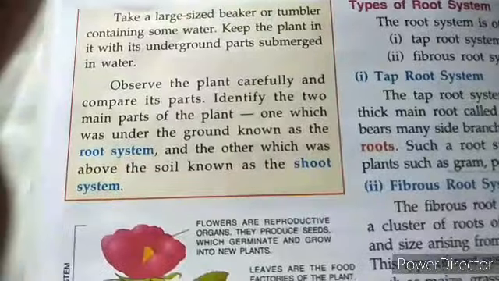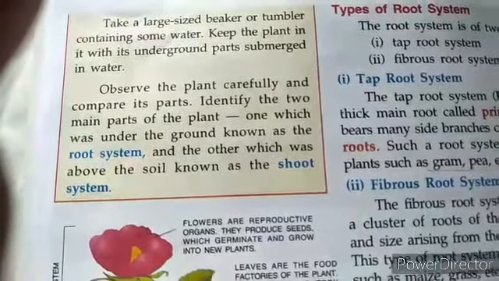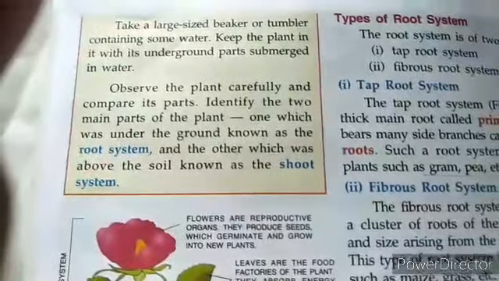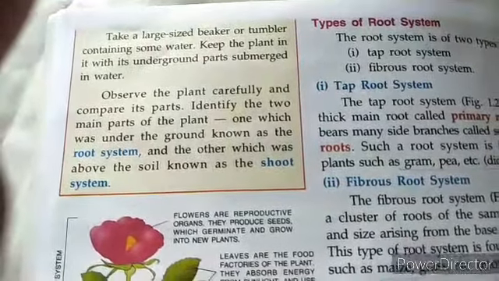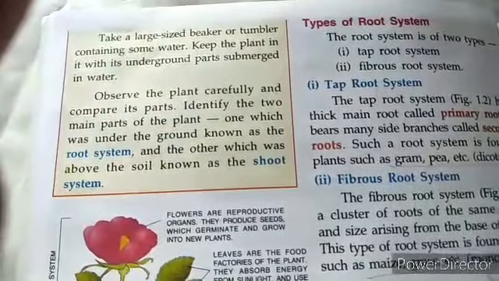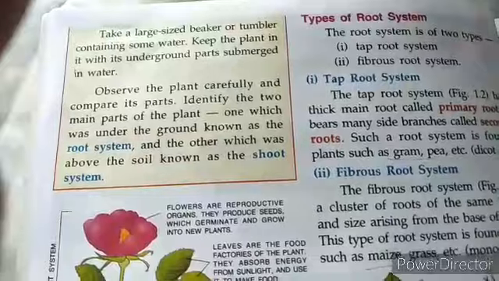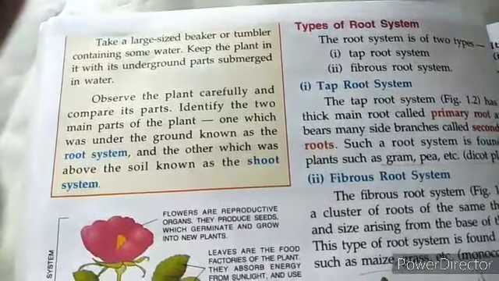Identify the 2 main parts of the plant, one which was under the ground, known as the root system, and the other which was above the soil, known as the shoot system. So I believe this can be easily done at home. You can just take a very tiny little plant that is in the soil, maybe just 2 to 4 inches above the soil.